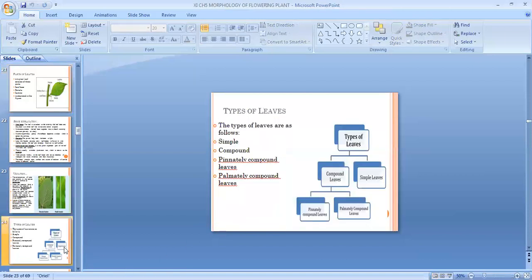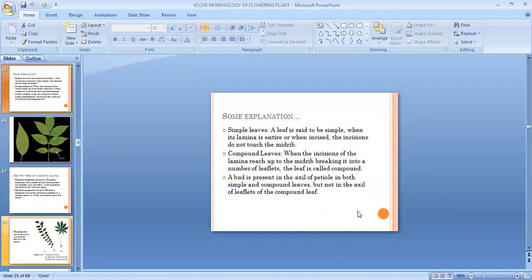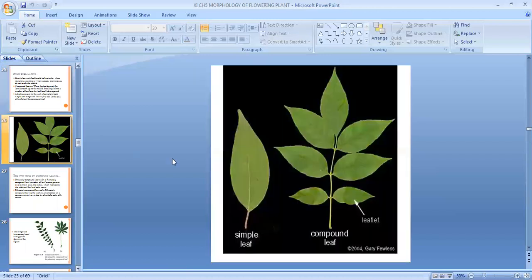Next, let's see the types of leaf. There are basically two types of leaf, compound leaf and simple leaf. Compound leaf can further be of two types, pinnately compound and palmately compound. Now, simple leaf, let me show you the figure. This is a simple leaf and this is a compound leaf.